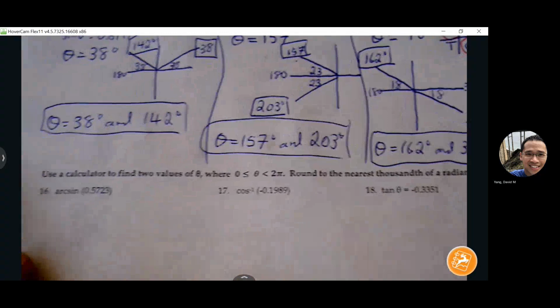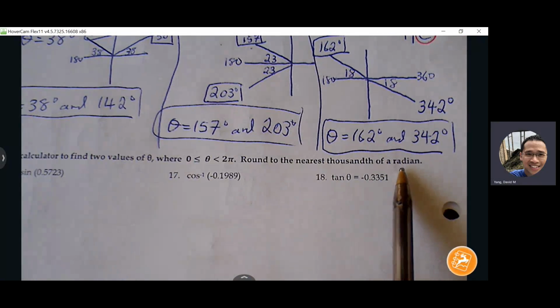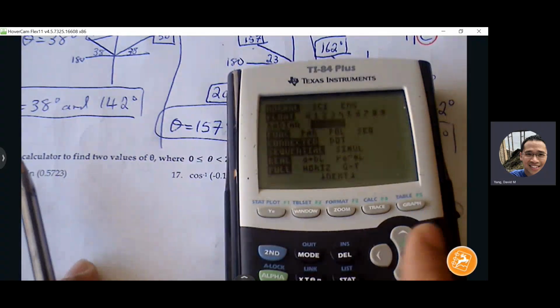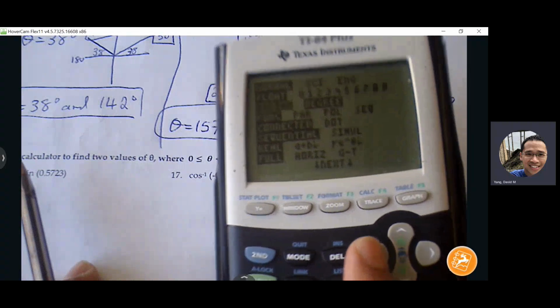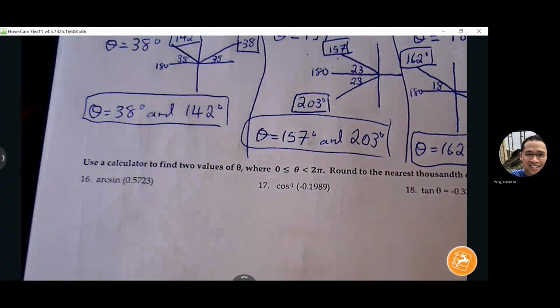Okay. All right, so first thing, let's make sure that our calculator is in what? Radian mode. Okay, so go to your calculator, make sure you're switching to radian mode, otherwise you're not going to get what we want to do.